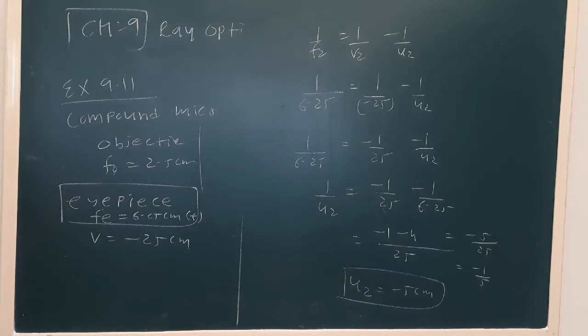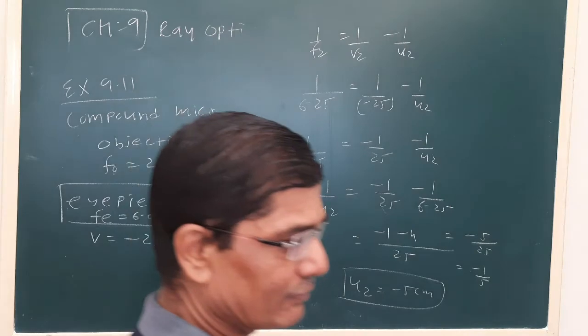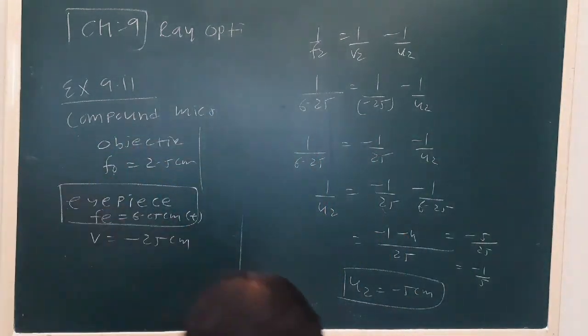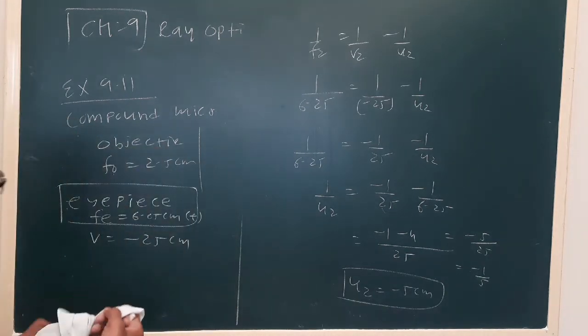Now we are given the distance between the two lenses, that is 15 centimeter.